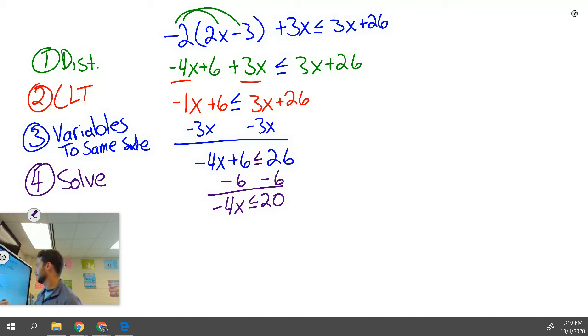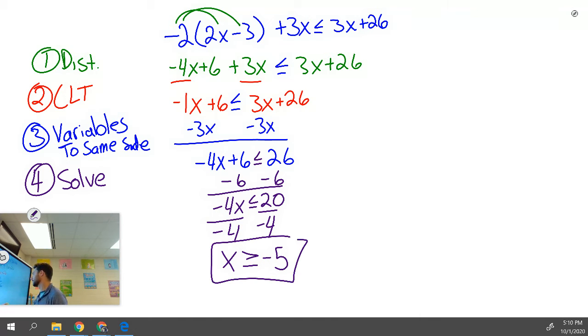And here's the kicker. If you divide by a negative 4, we need to switch the direction of our inequality. Don't forget to do that. You'll get a negative 5, but you do have to switch it. So now my alligator's eating the other direction. When you divide by a negative number, you've got to flip the direction of that inequality.